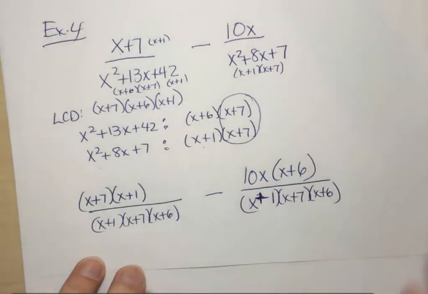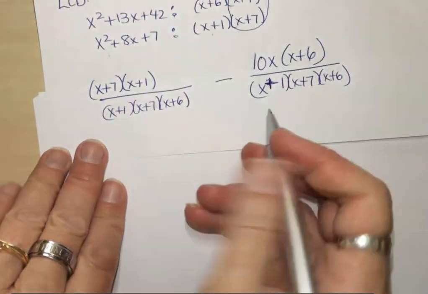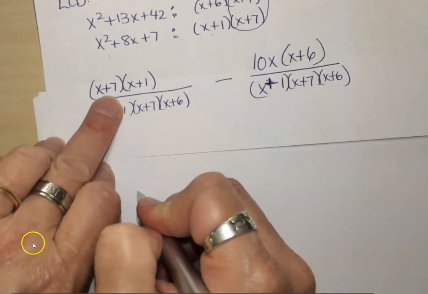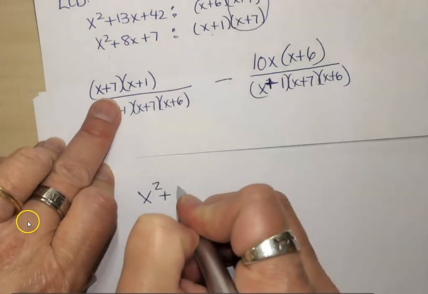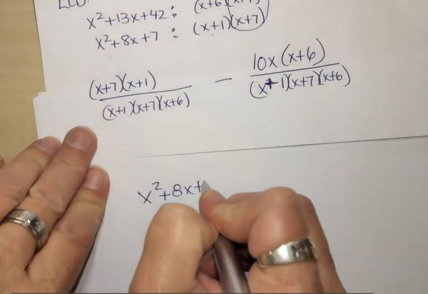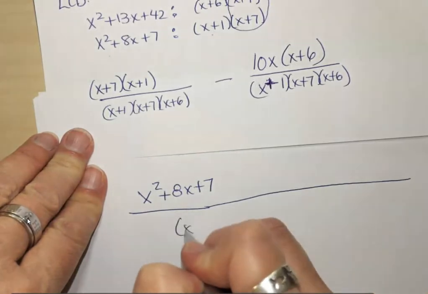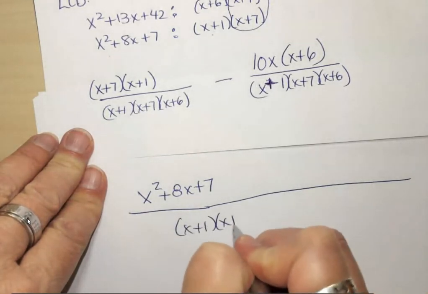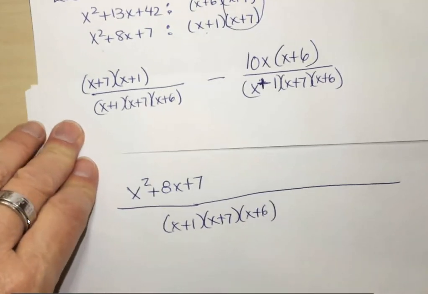All right, so now it's time to simplify. So we're going to have this multiplied together would give me x squared plus 8x plus 7. We're just going to put that all over our denominator. Again, leave your denominator in factored form. That helps us later.